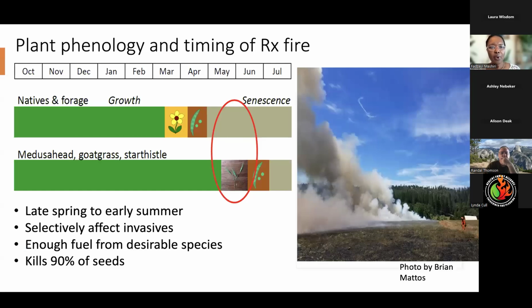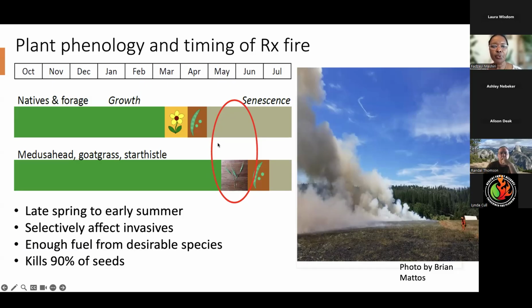So what I was describing earlier is what I'm going to show you here in terms of phenological stages of plants and targeting the weed when it's more vulnerable, whilst the desirable plants are not as vulnerable to the effect of fire or grazing. In this case, we are using fire for controlling medusahead or goatgrass or yellow star thistle.